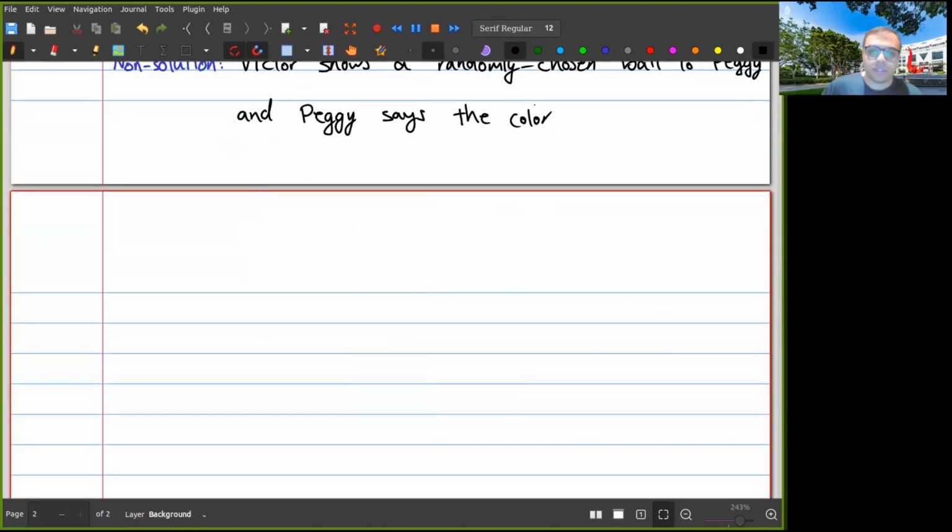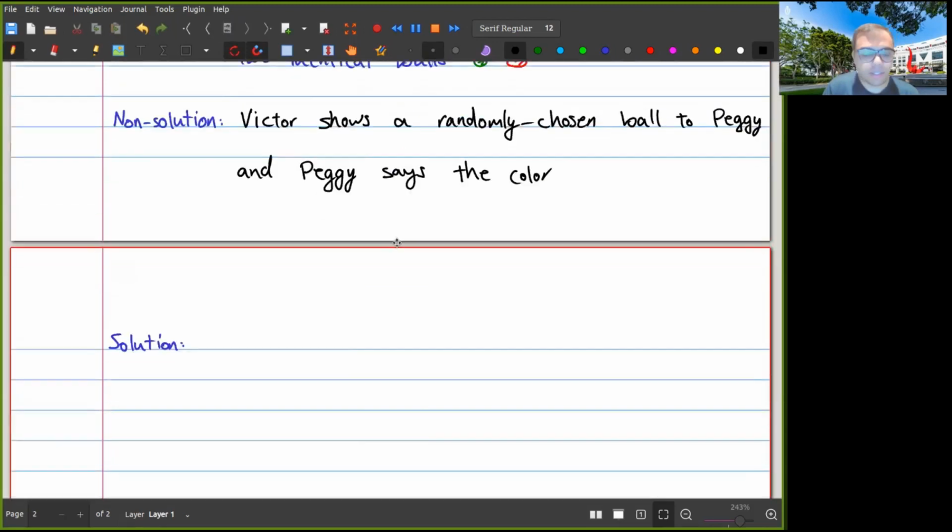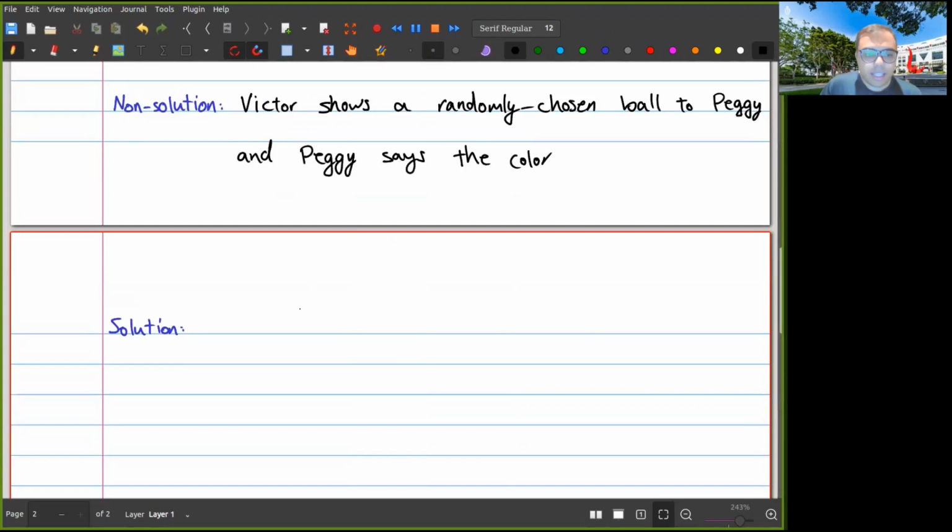Okay, so here's a solution that we can have. And this is actually very similar to the previous one, except that it doesn't leak the color. So I can say that Victor, again, takes the balls behind his back, and every time he randomly chooses one of the balls and shows it to Peggy, and then Peggy has to say whether this is the same ball that she saw last time or whether Victor has swapped the balls.